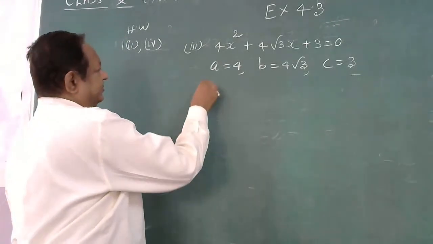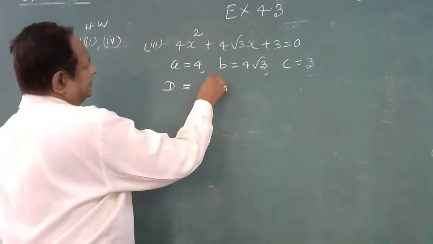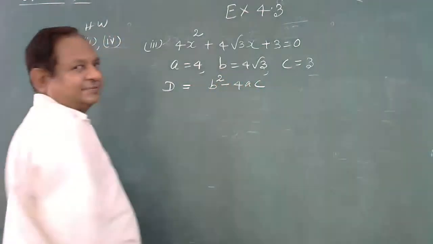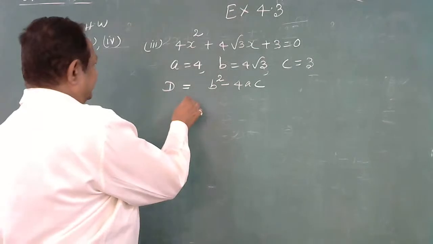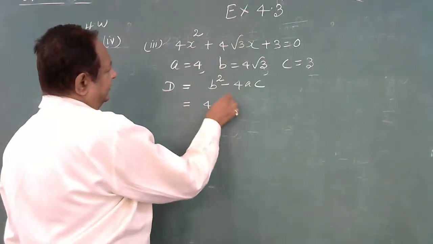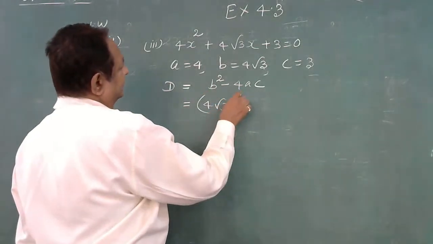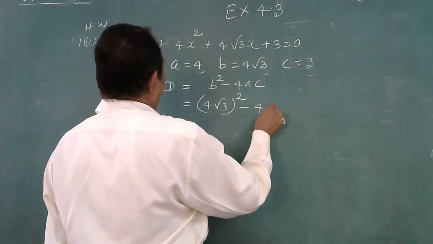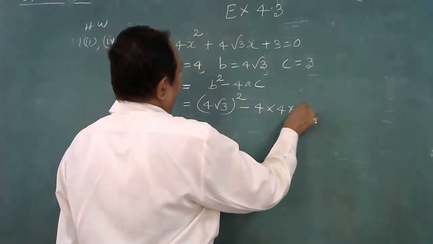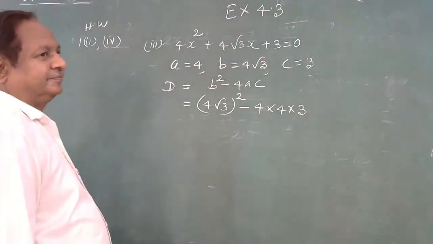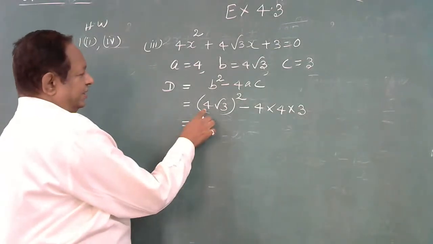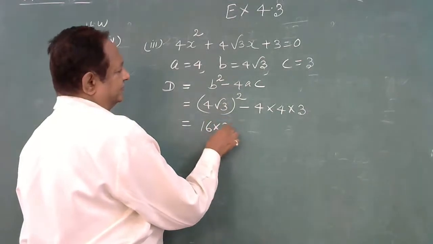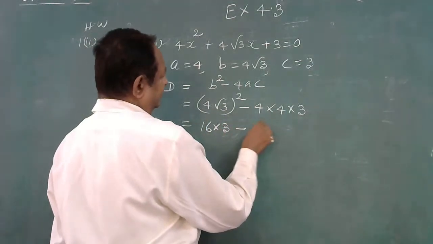Find D, the discriminant. D is equal to B square minus 4AC. This is equal to 4 root 3 whole square minus 4, A means 4, C means 3. Now, the square of 4 is 16, root 3 into root 3 is 3, minus 48.